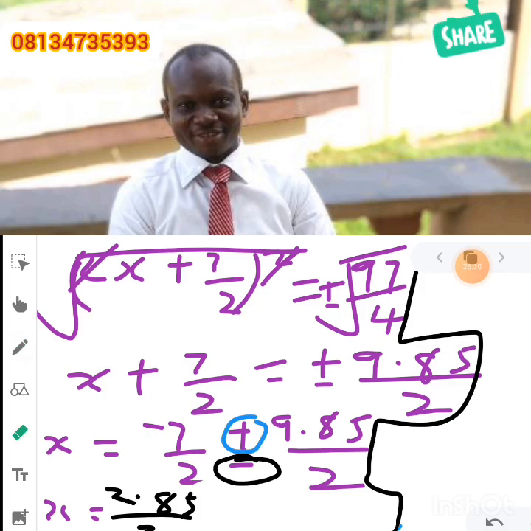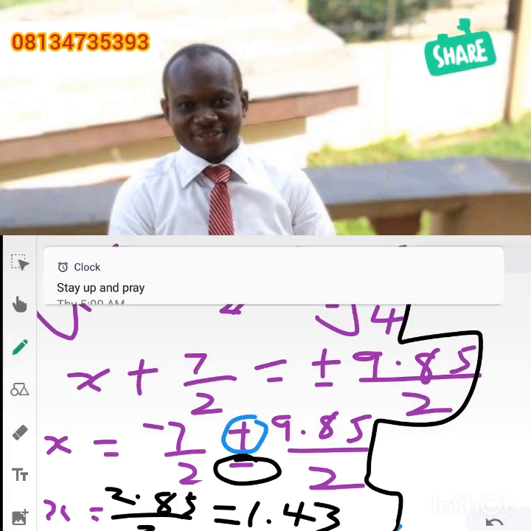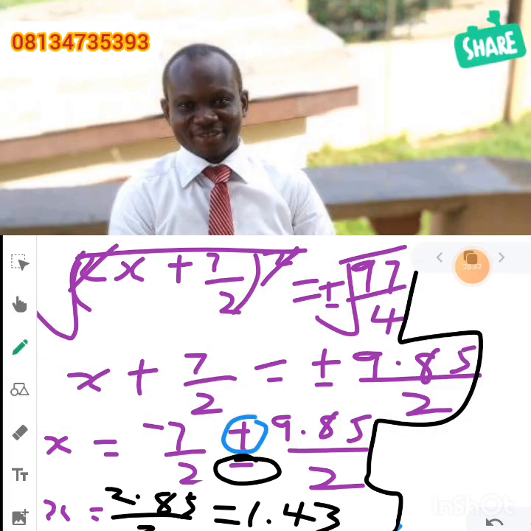So we have 2.85 divided by 2, which gives 1.43. So let's just finish this up. When you have 1.43, how do you go about that?